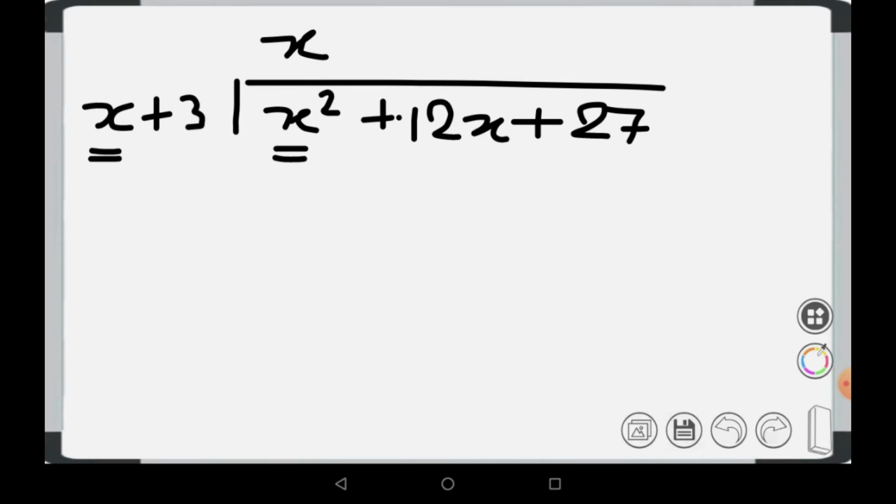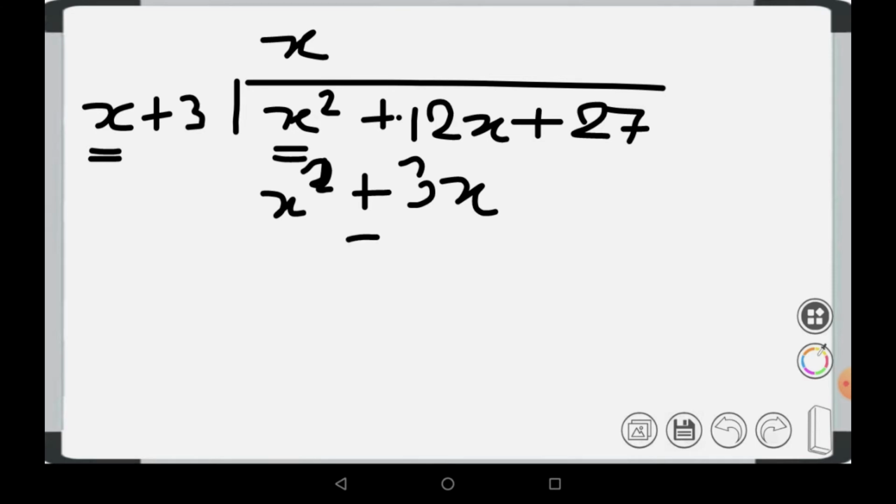Now whatever value you have taken in the quotient is to be multiplied with each and every term in the divisor. So x into x would be x square, then x into 3 gives 3x. Now in division we subtract, so we have to change the sign.